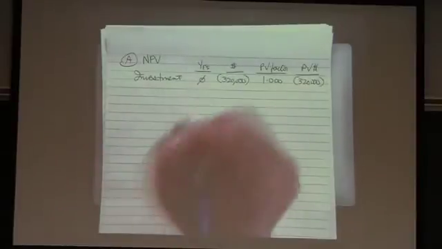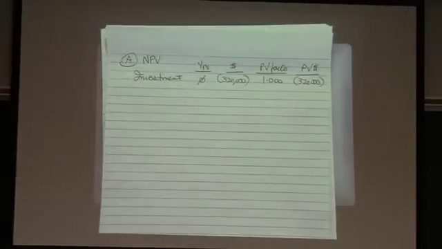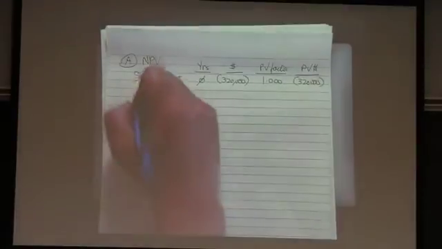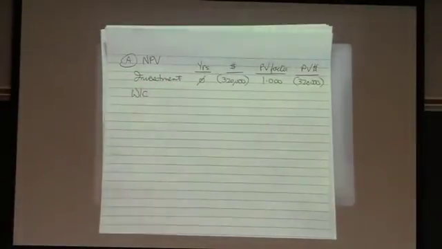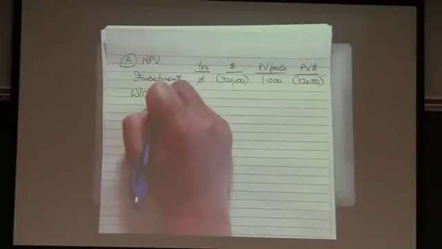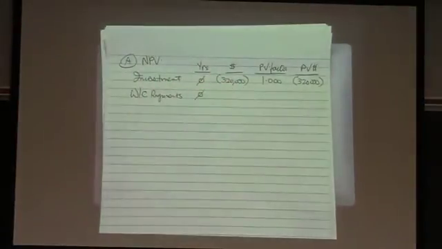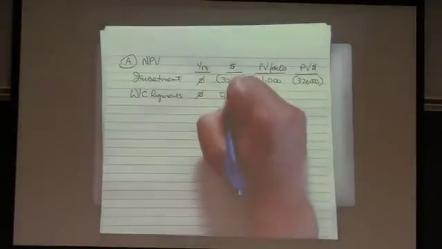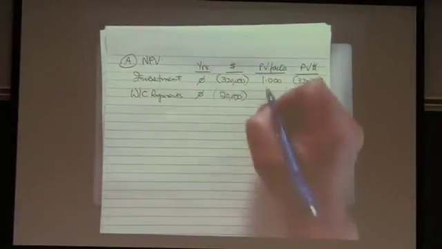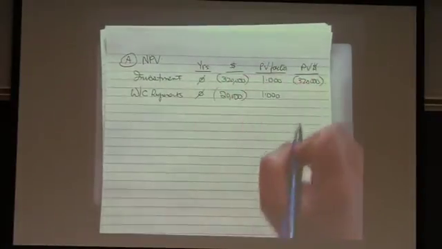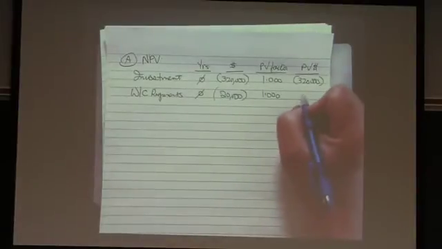And by the way, negative means outflow, positive means inflow. Now, it says that we need working capital, so working capital requirements. Again, at time 0, we need 20,000. And the present value factor is 1.000.